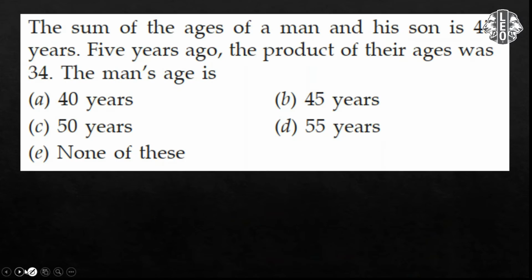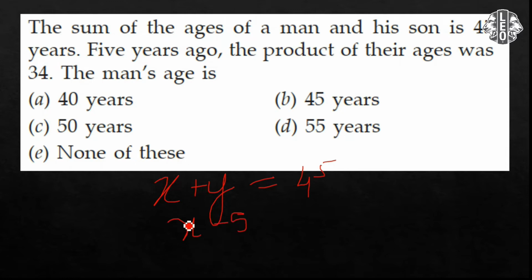And this question. Okay, it's again quite a simple problem. Still, since you guys are not responding, you should solve it. The sum of the ages of a man and his son is 45. So x plus y is 45. 5 years ago, the product of their ages was 34. It's quite simple. So 5 years ago means x minus 5 into y minus 5 was 34.